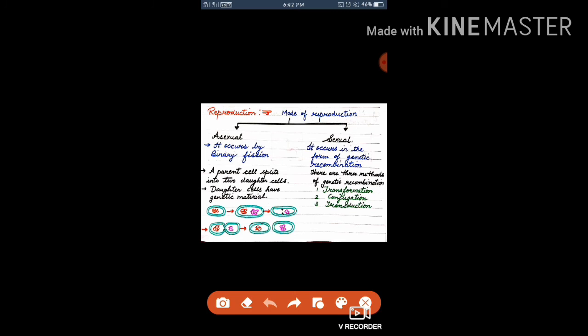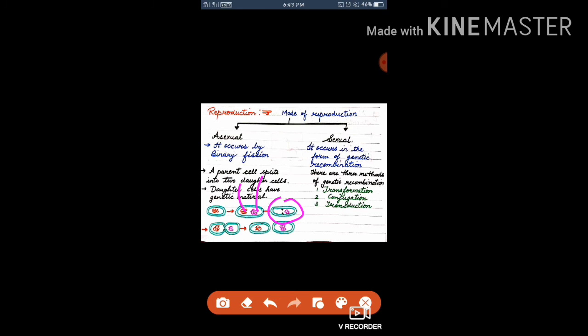After some time, the DNA is copied and each DNA moves to the opposite side of the cell. After some time, a barrier, or we can say groove, forms in the center of the cell.